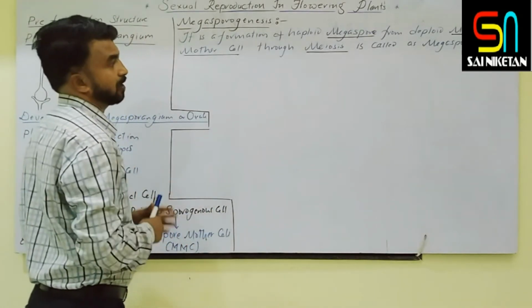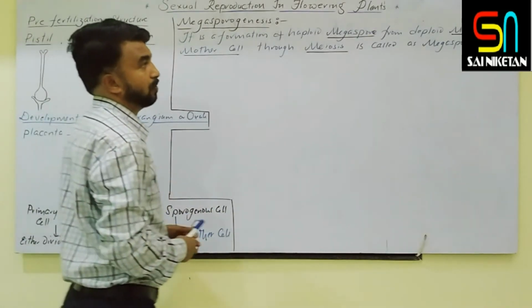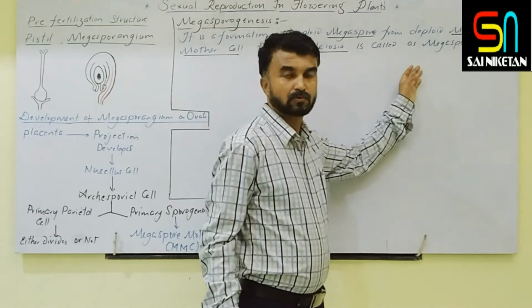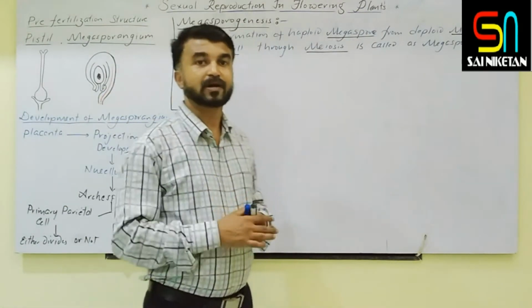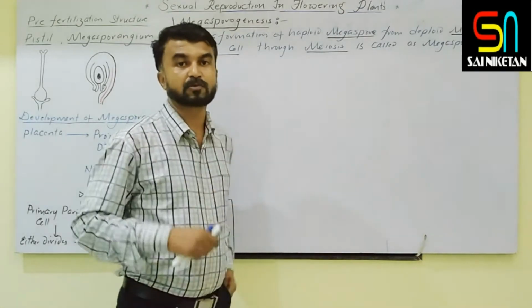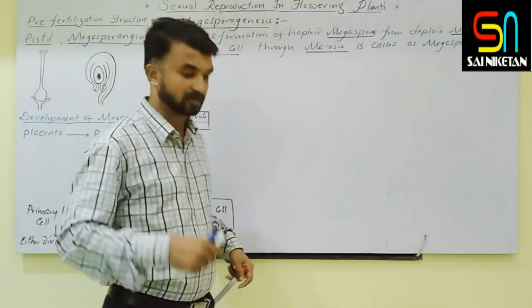So by figure we are going to understand this. After megasporogenesis, only megaspores are produced, not the embryo sac. From that megaspore, the embryo sac formation is a different process, that is megagametogenesis.